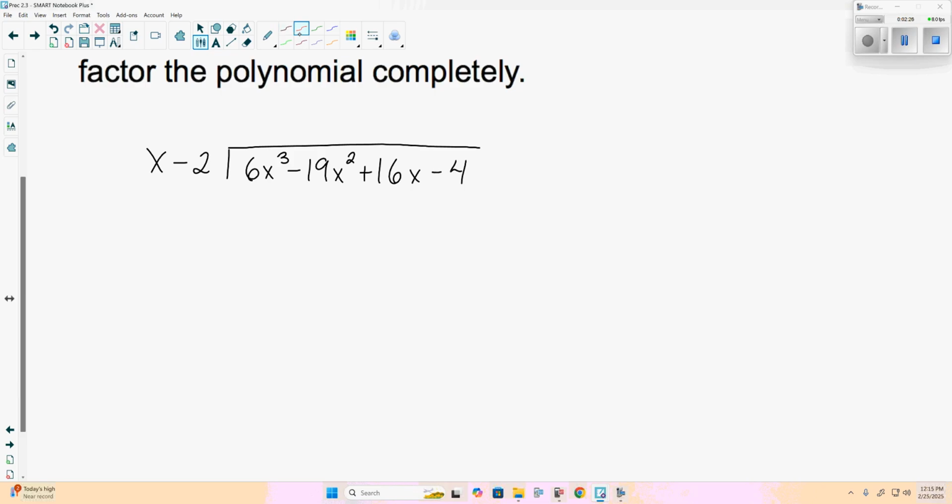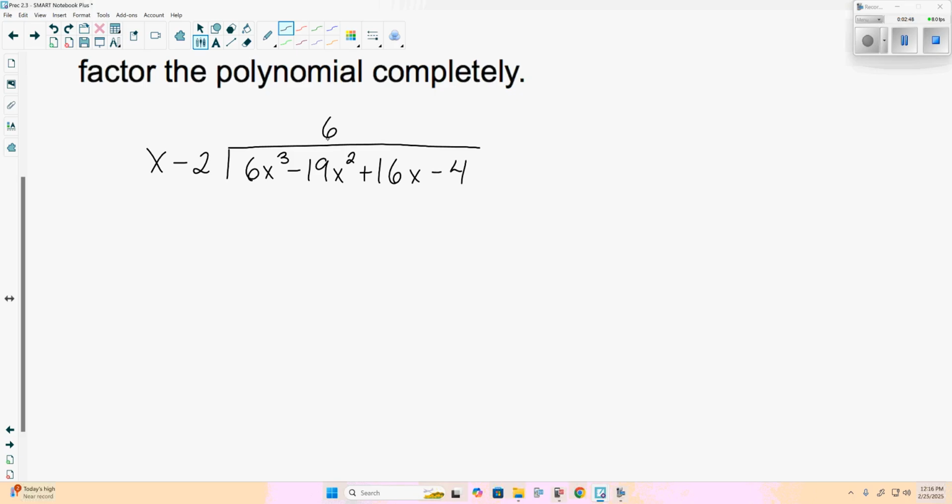Now, the first step in long division is trying to get the first term in each of the expressions to become 0. So we need to see what we need to multiply x by to get 6x cubed. Well, our number in front of x out here is 1. So what do we multiply 1 by to get 6? Well, 6.